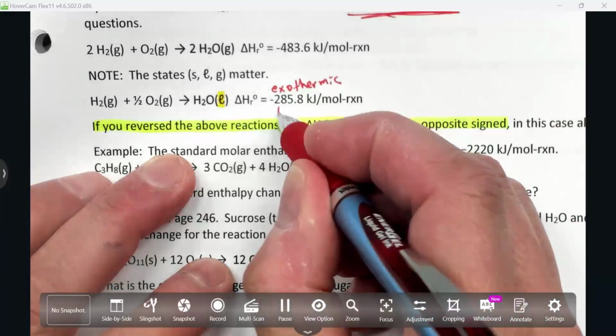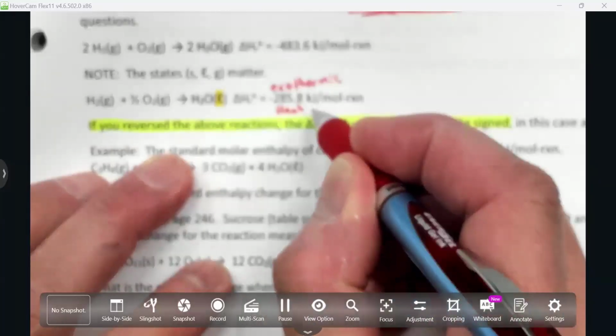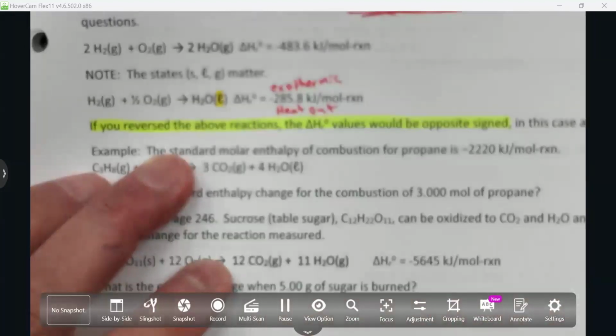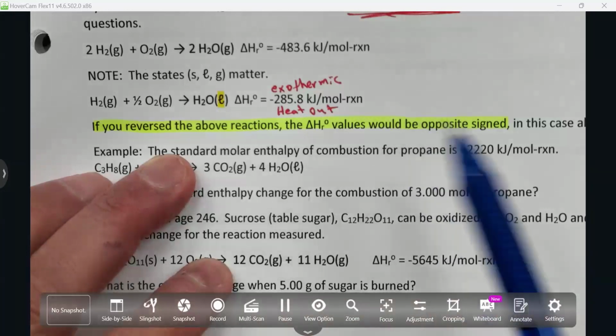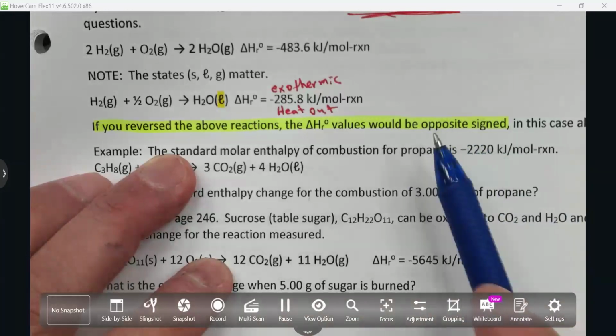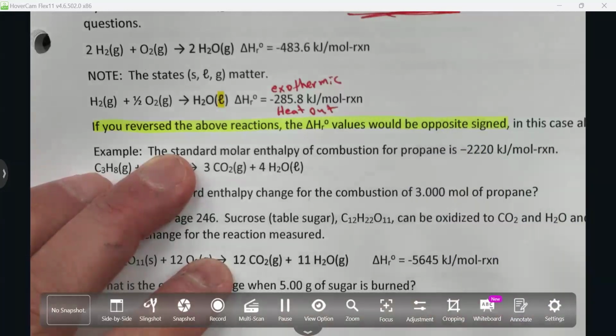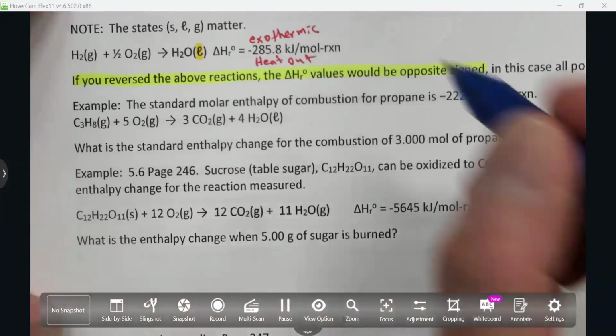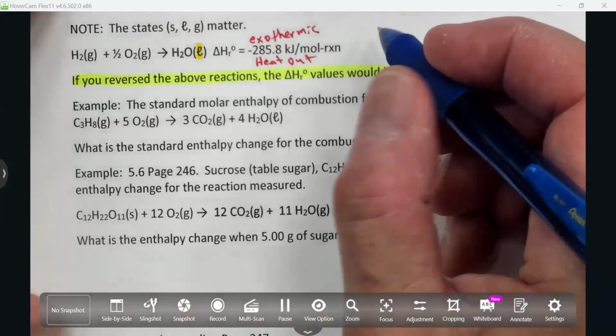You're going to get heat out. If I reverse the reaction, I'm going to have to put heat in. Now, what does it look like if I reverse it?